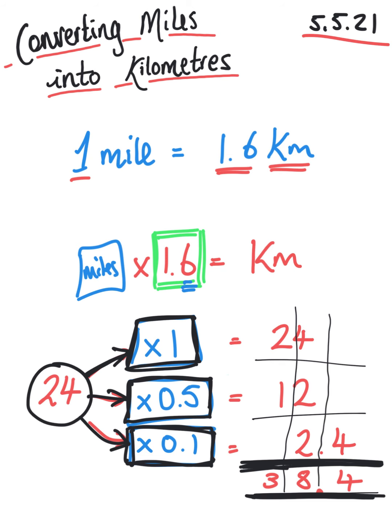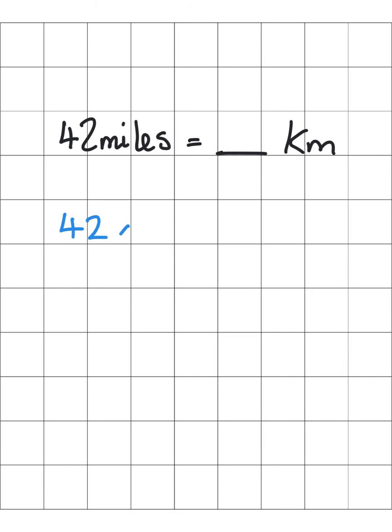I'll give you one more example. Right, let's go 42. Just a bit scruffy, wasn't it? 42 miles equals something kilometers. So we get our 42 and we multiply it by 1, which is just going to stay as 42.